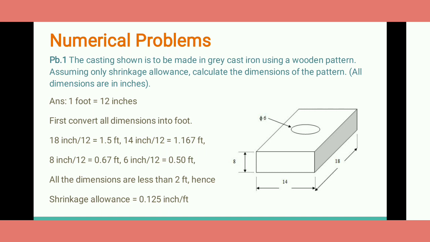No, this rate is per foot, but all these dimensions are different. So the rate of contraction is the same, but the final changes will be different because the size of each dimension is different. Length is different, width is different, thickness is different. So how will this change?